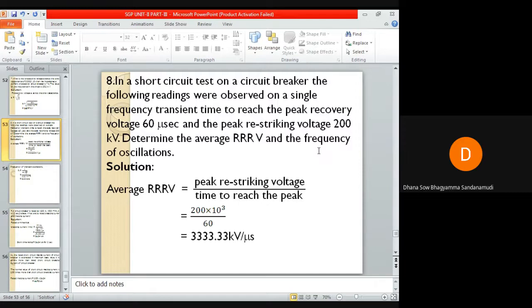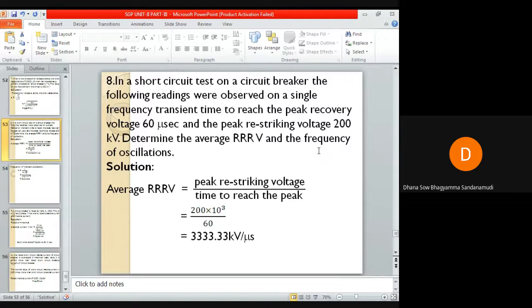So you have to determine the average rate of rise of restriking voltage and the frequency of oscillations. This is the given formula. You already know the formula for the average rate of rise of restriking voltage, that is peak restriking voltage by time to reach the peak value.